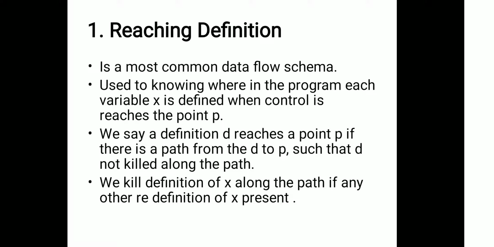What exactly does this mean, D not killed along the path? If a redefinition of D is not possible, then we say that D can reach the point P. If we kill the definition of X, then D is killed along the path.